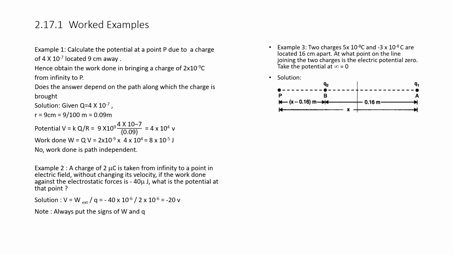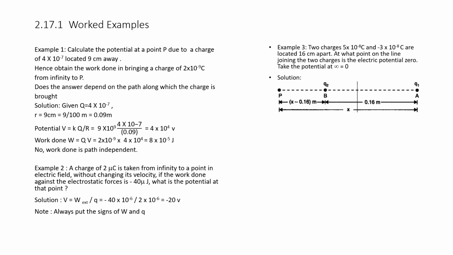Solution. Please see the diagram. It is shown very clearly. Here there are two charges Q1 and Q2 located at points A and B, and point P is also shown. The distance between Q1 and Q2 is given as 16 centimeters, that becomes 0.16 meters.